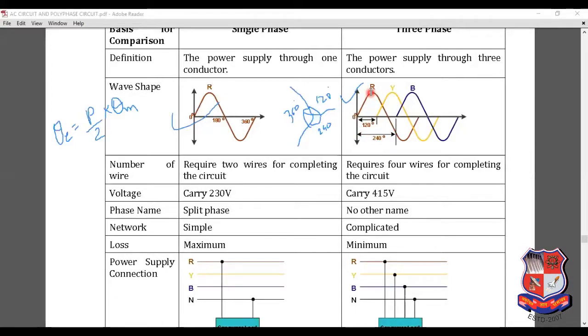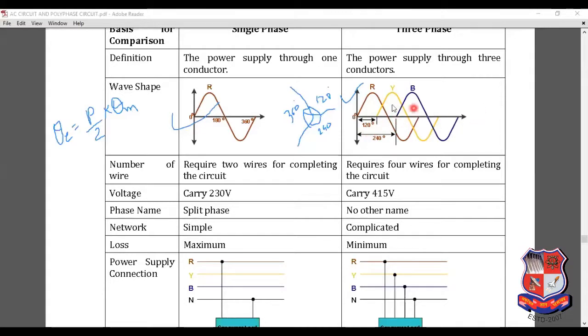So if the equation of R is e equals ER sine omega t, then the equation of Y phase is EY sine omega t minus 120 degrees. This minus sign shows that it is a lagging quantity, right?